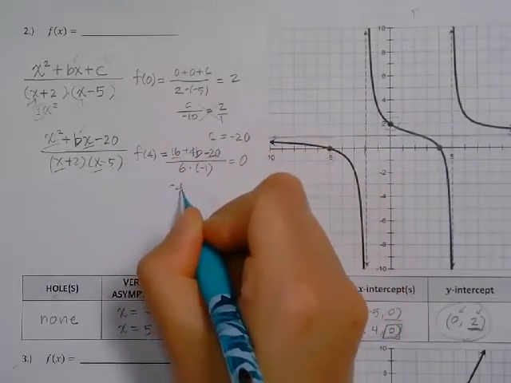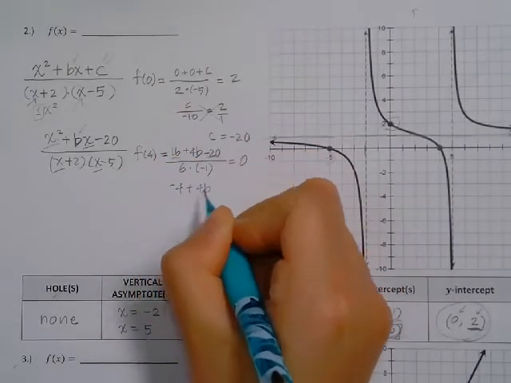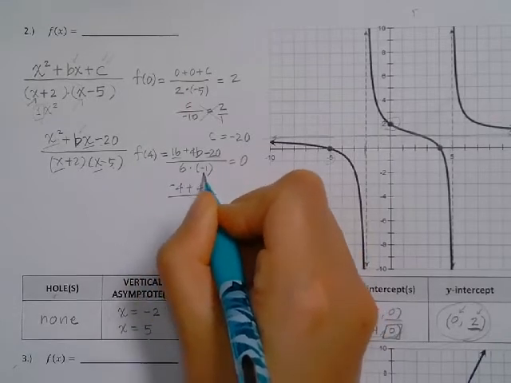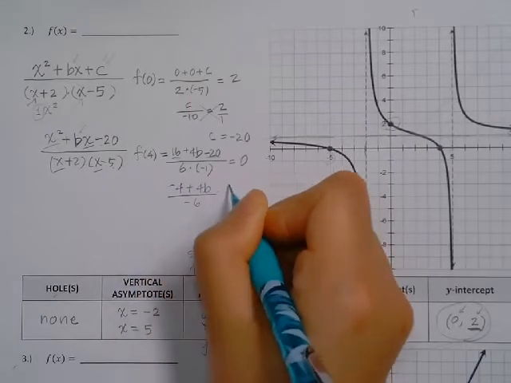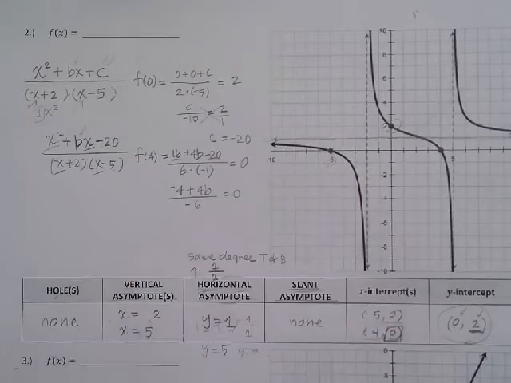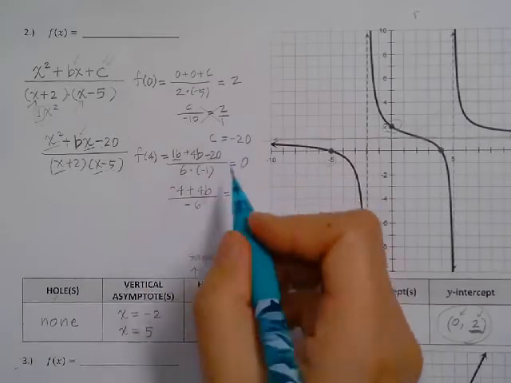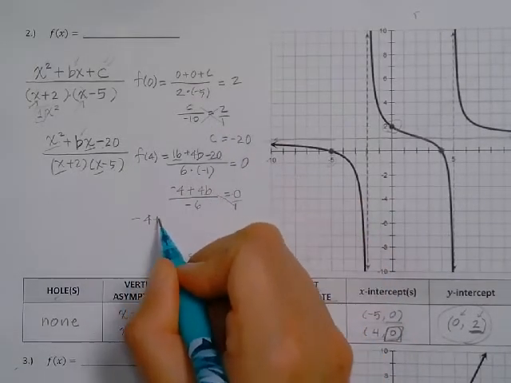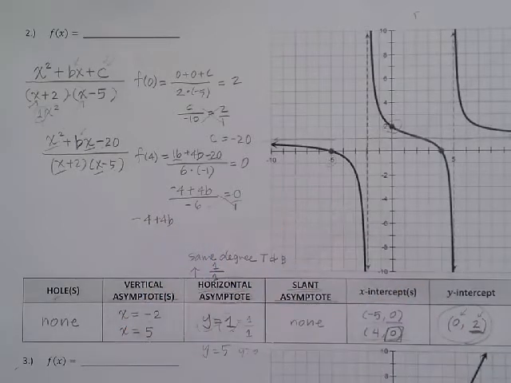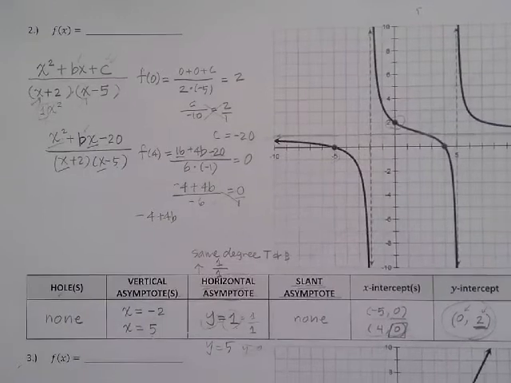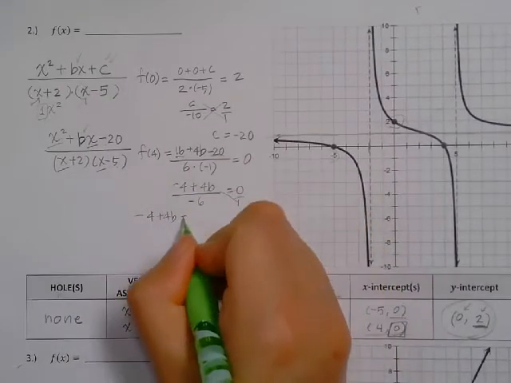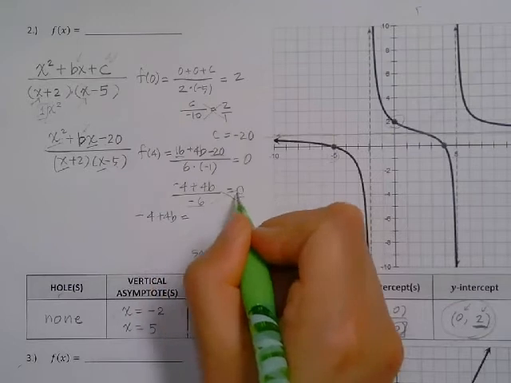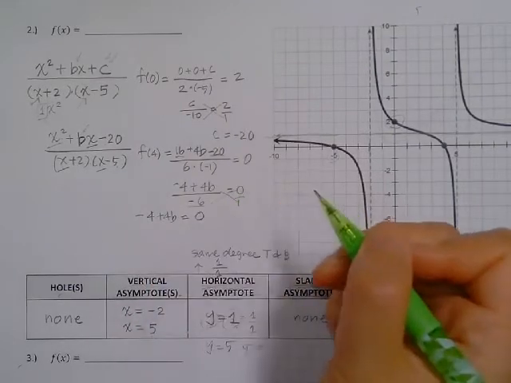Then negative 4 plus 4b over 6 times negative 1 is negative 6 is 0. Then it's over 1 cross multiply. Negative 4 plus 4b is negative 6 times 0, which makes 0.